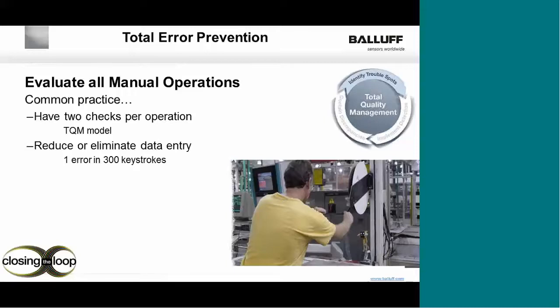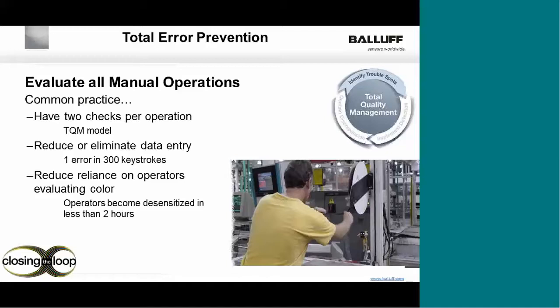With manual operations, typically there's one error per 300 keystrokes. So that's certainly an area that customers would look to reduce or eliminate. And for those applications doing color recognition, if that's done manually, it's been found that customers become desensitized in less than 2 hours, and that could also increase the probability of error from repeating itself.